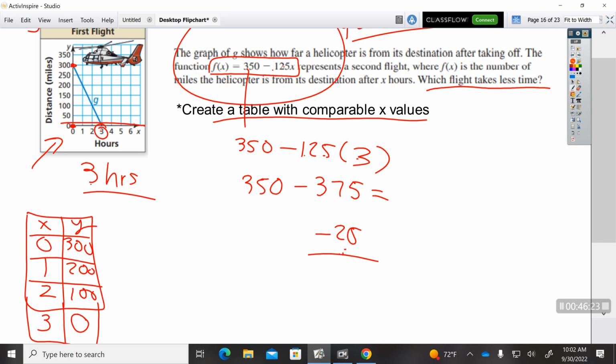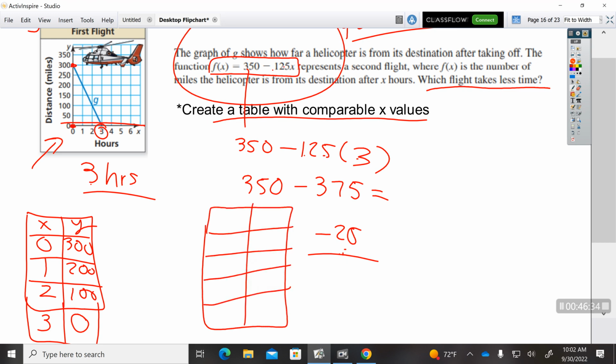That was the table. Now let's do the same thing with those same values, but for the equation. So if I plug in a 0 into the equation, what's negative 125 times 0? 0.